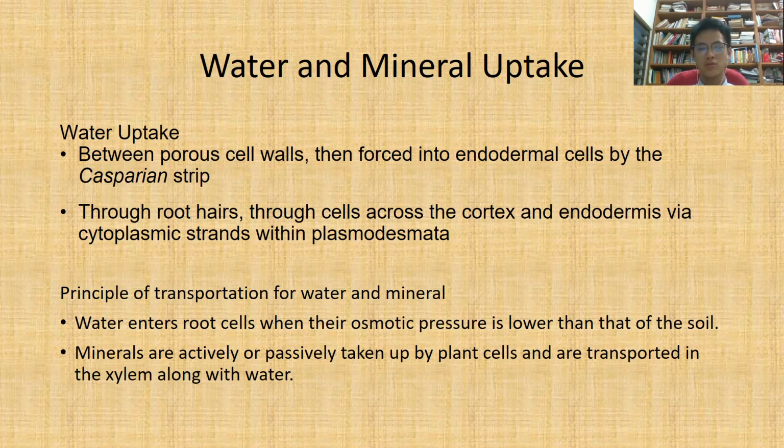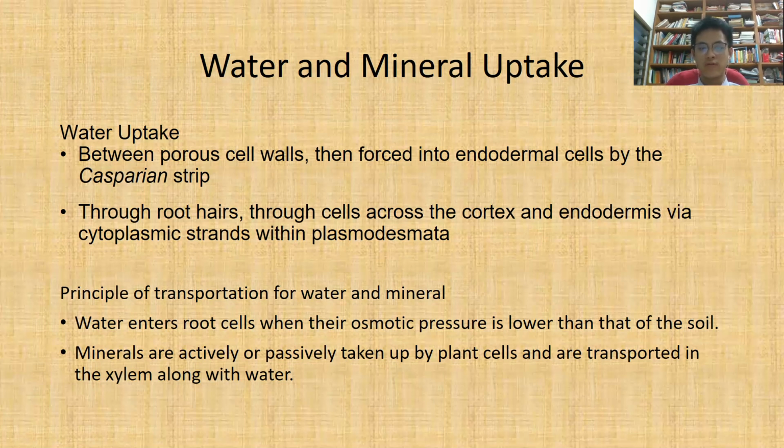Therefore, the osmotic pressure at the soil will be higher than in the root, because the water content of the soil is higher than that of the root hair cell by comparison. This can drive water into the root hair cell without using any energy.